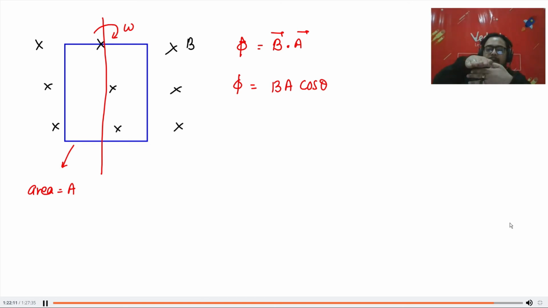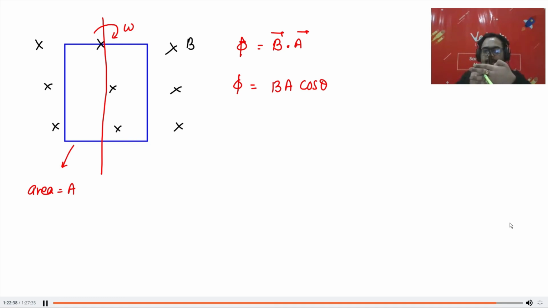So initially magnetic field is like this and area vector is also like this. Now you can see, this hand is the loop. Magnetic field is going into the screen and this is your area vector. Now if I rotate the coil, will the area vector also rotate? Yes. If you rotate the coil, the area vector will also rotate.